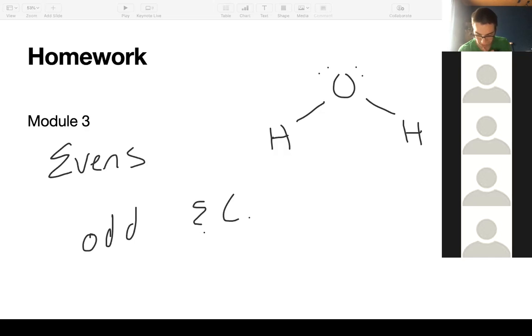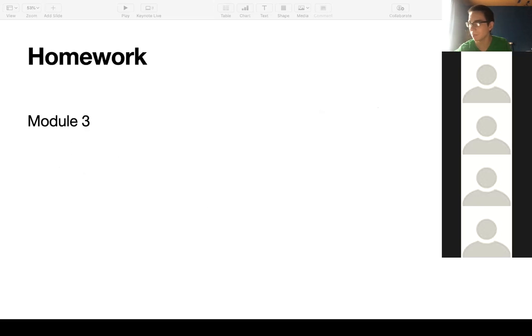So ethyl alcohol. That's a weird way to name it. So ethyl, something like this. Ethyl alcohol. For the following molecules provide molecular formula, Lewis structure, resonance, electrochemistry, hybridization of central atom.